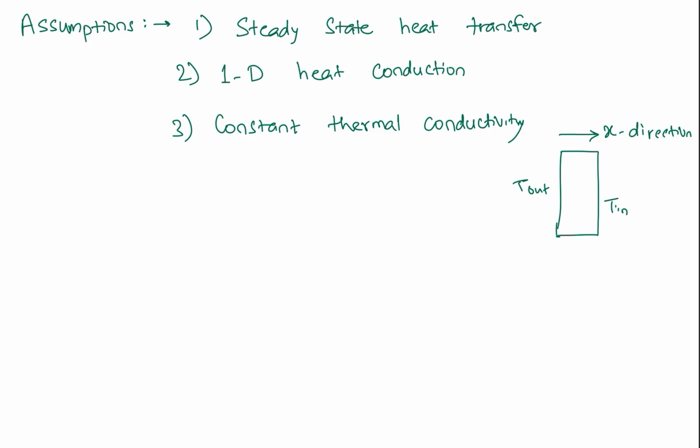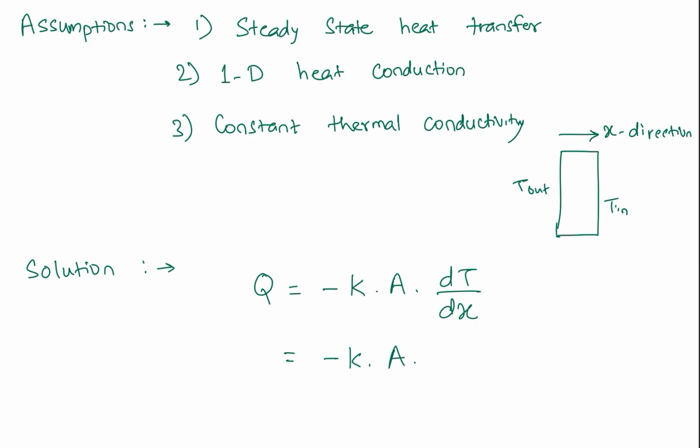So in this case, we can apply Fourier's law, which says heat rate is equal to minus thermal conductivity times cross-sectional area times dT by dx, or thermal conductivity times cross-sectional area times T outside minus T inside divided by thickness T.